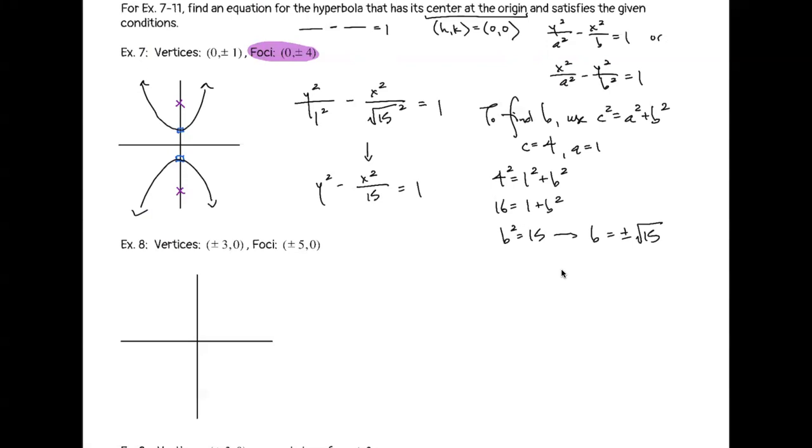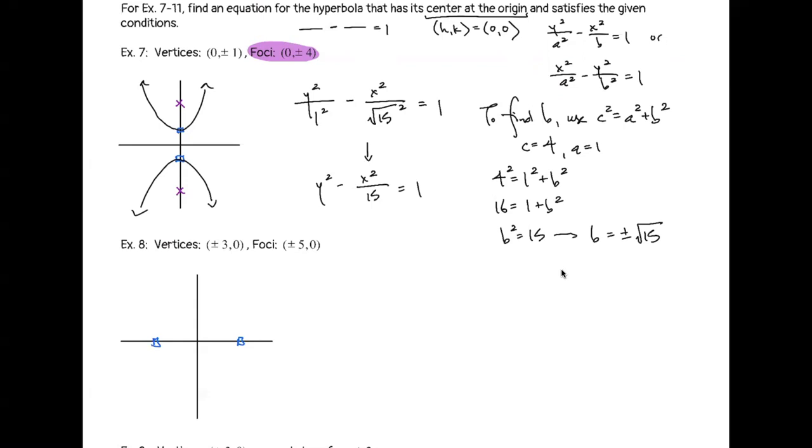All right. So I'm going to go ahead and draw those vertices in. We got a 3, 0, a negative 3, 0. So from even just these 2 points, should I use y squared minus or x squared minus?